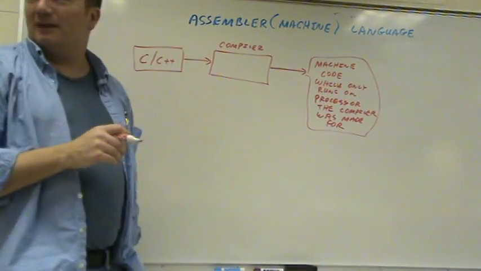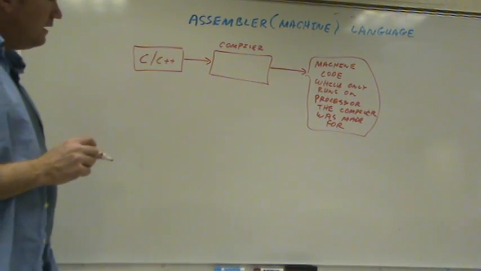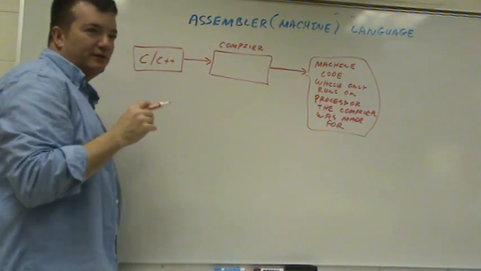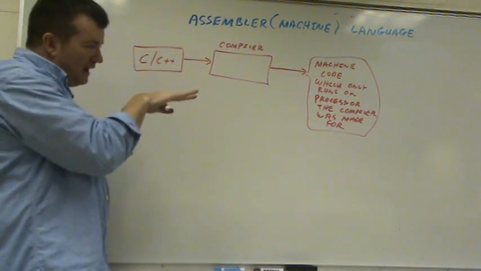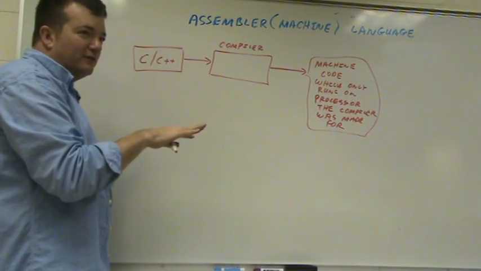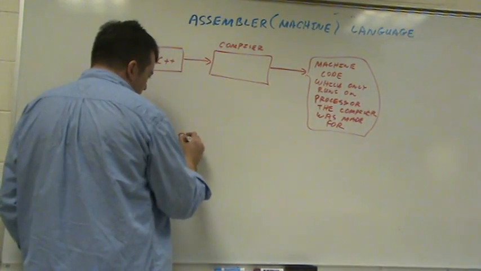Does that make sense? What a compiler takes as input is legitimate C or C++ code. Its output already knows how the hardware was built for the particular processor you're compiling for. On our system here, we use the GNU compiler.